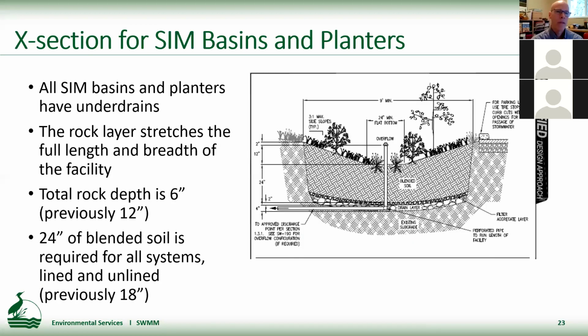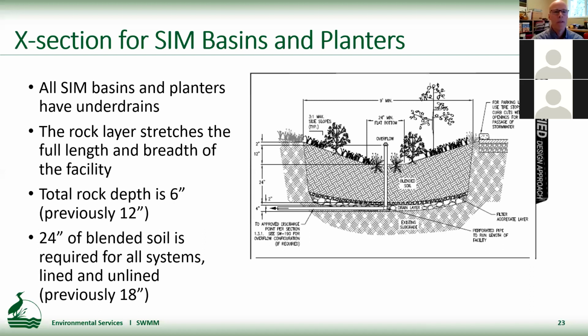And the rock layer is unchanged in the respect that it still stretches the full length and the breadth of the facility. There's been a change to the depth of the rock layer on the bottom. It's now 6 inches. It was previously 12. So that includes 4 inches of drain rock and then 2 inches of filter aggregate above that.